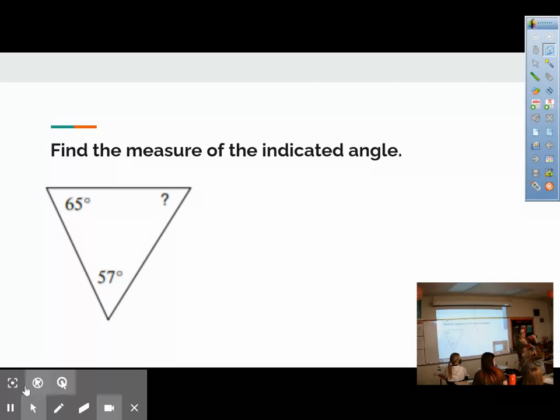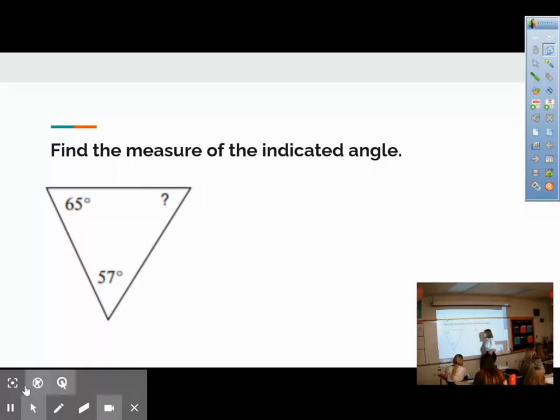Number 14. So explain to the class how you got your answer, please.